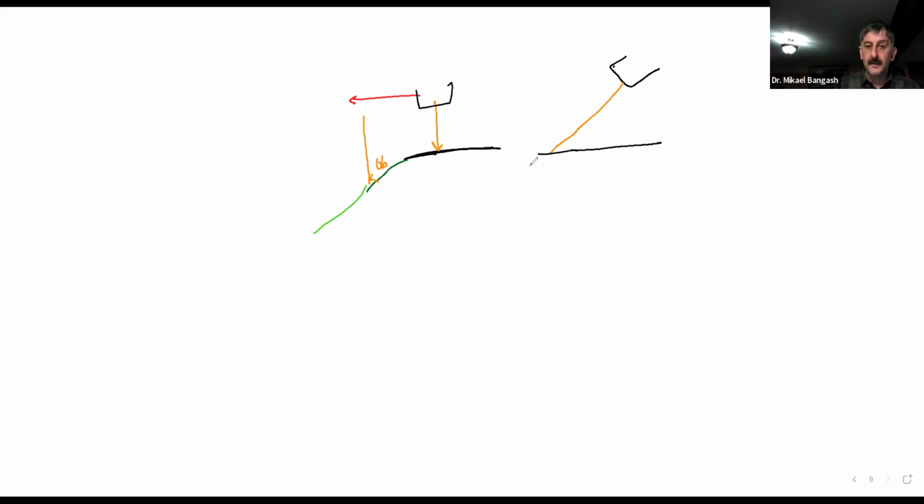Did that make sense? At least not at this point here. It may make a right angle, let's say, at this point here. Who knows?